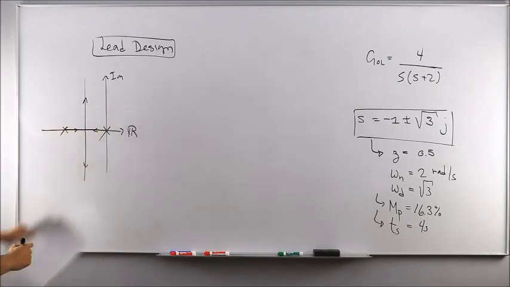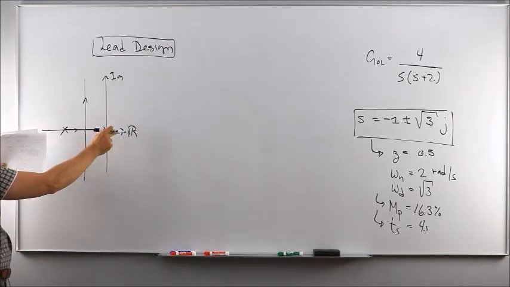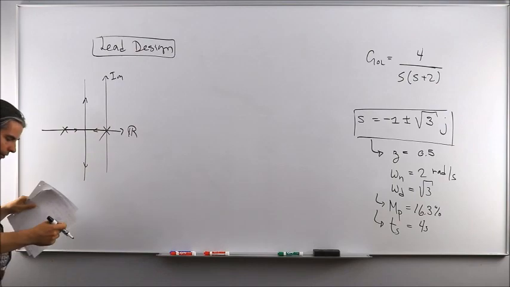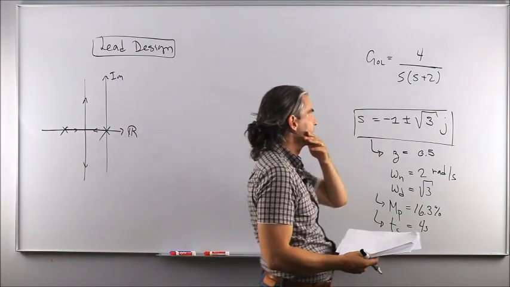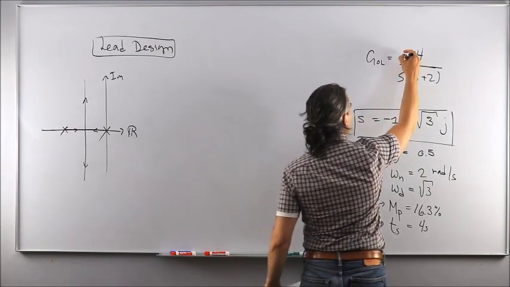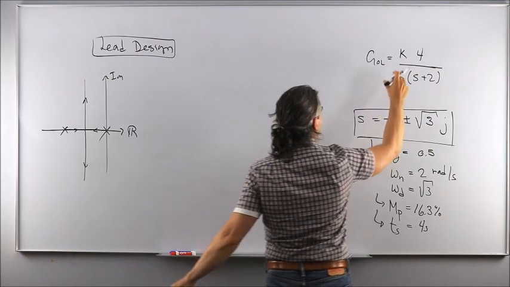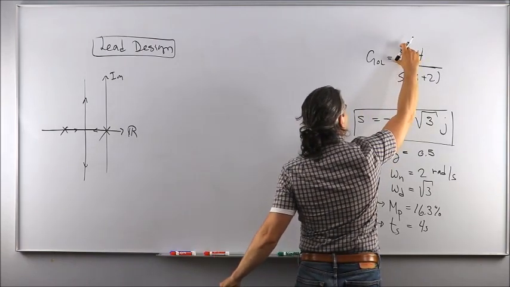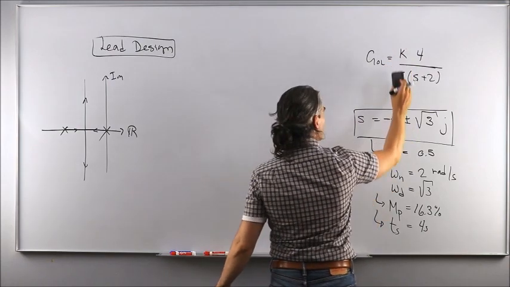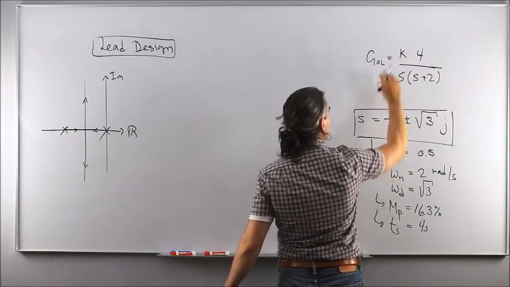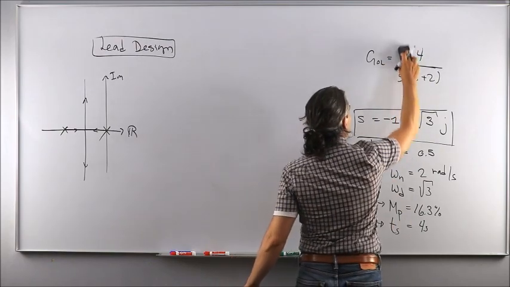Okay? The arrows denote the motion of the poles as the gain of the open loop increases from 0 to infinity. And now we come back here and say, well, sir, what gain? Well, you have to pretend that there is some sort of k factor that gets introduced by the root locus, and that gain is originally at 0, and thereby giving you the poles of this open loop transfer function.